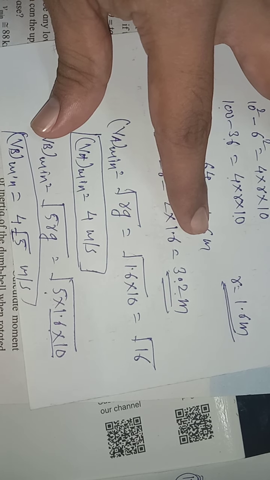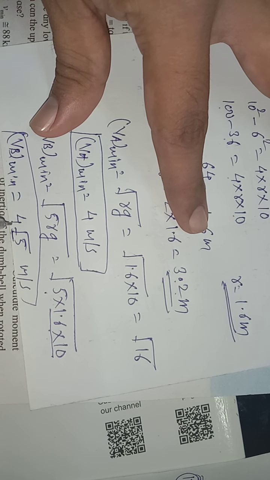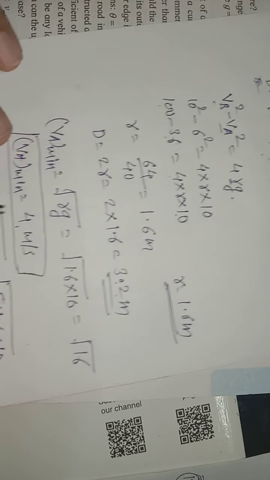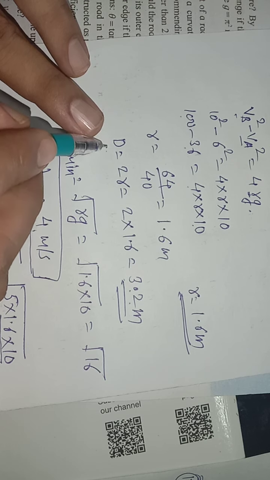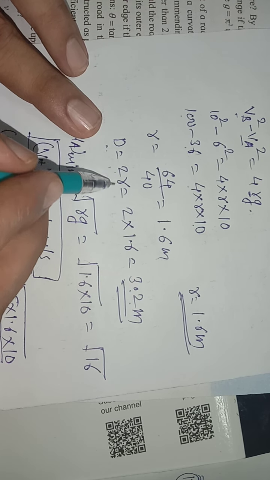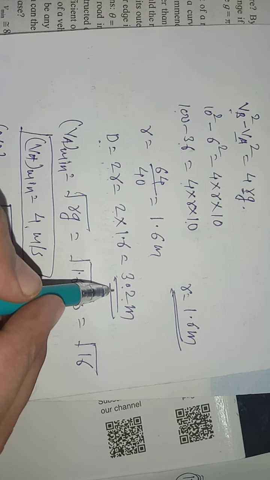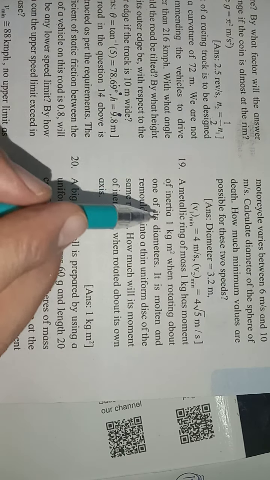So phi b minimum is 4 under root 5 meter per second, and phi a minimum is 4 meter per second. And we already calculated the diameter: d is equal to 2 into r, so 2 into 1.6, 3.2 meter. This is the 18th problem.